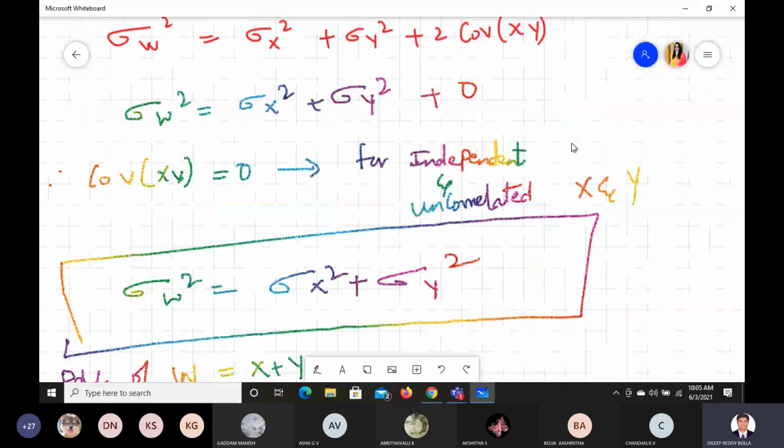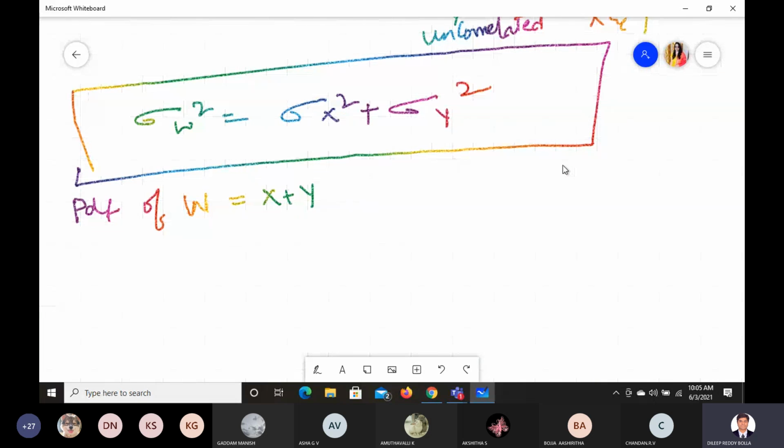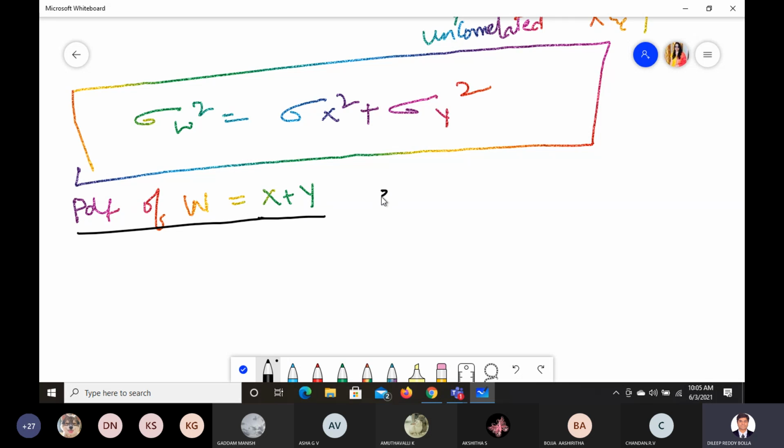And finally we got this expression: sigma W square equals sigma x square plus sigma y square. That is the variance of two independent random variables. Now we are at this juncture where we are trying to find the PDF of W. This is what we are trying to see today.